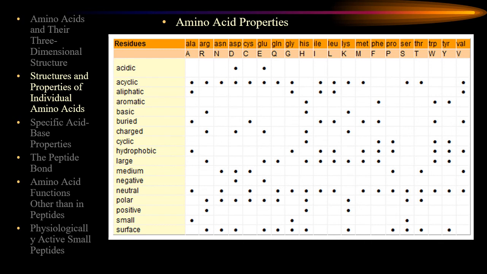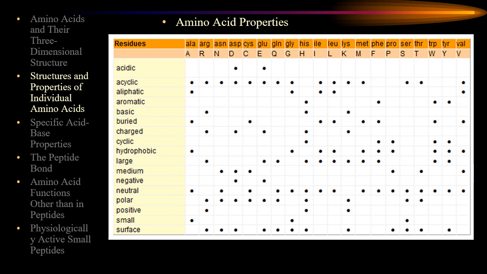That refers to the aliphatic chain, and it's not cyclic. There are aliphatic chains that are also cyclic. Some are aromatic. Some are buried. What do I mean by buried? Later, when we talk about the structures of proteins, we will make this a little bit clearer.